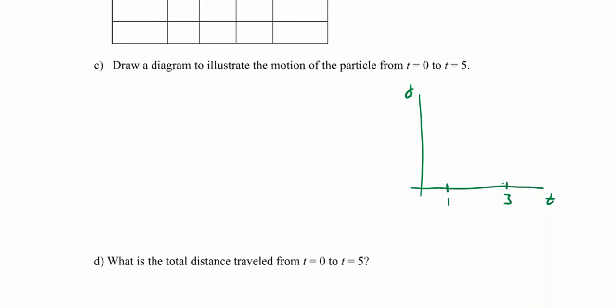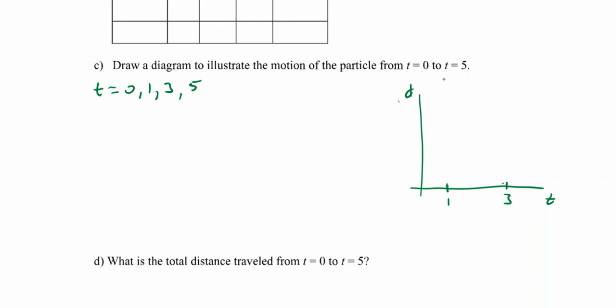So what we're going to have to figure out is, when I throw in 1 and 3, what are the distances associated with those positions? So let's figure those out. For times 0, 1, 3, and then we'll do 5 as well, because it's from 0 to 5.